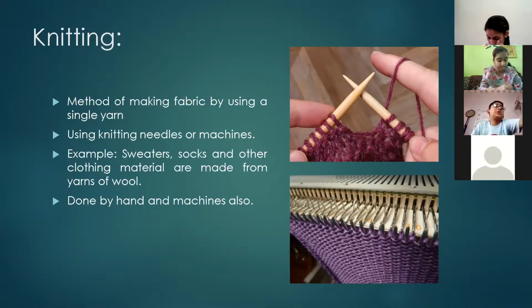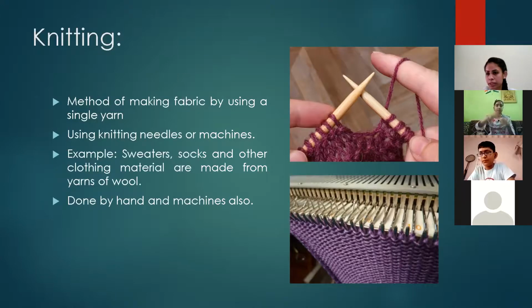Now we have discussed knitting, the method of making the fabric by using a single yarn. It is also shown in figure 3.14, knitting. You are able to see that there are knitting needles that are used for making any fabric.